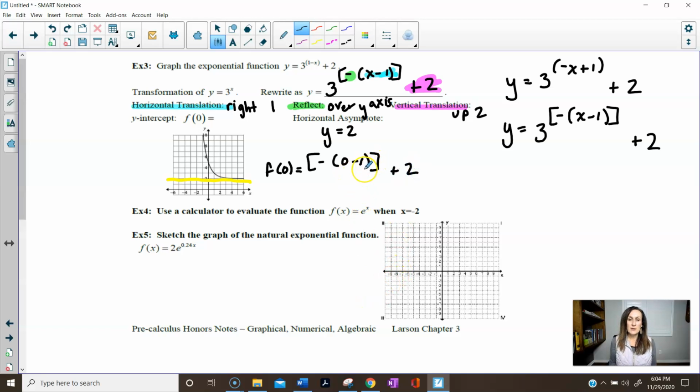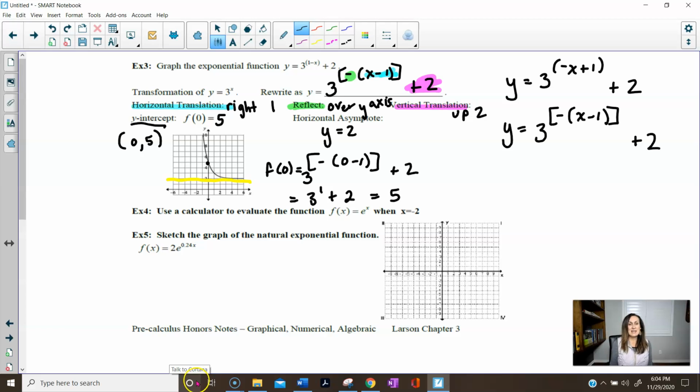So 0 subtract 1 is negative 1, and a negative times a negative is a positive. So that would be 3 to the first power plus 2, which equals 5. So f of 0 is equal to 5. That means that when you plug in 0 for x, your y value is 5. So that is your y-intercept, which is right here at (0, 5).